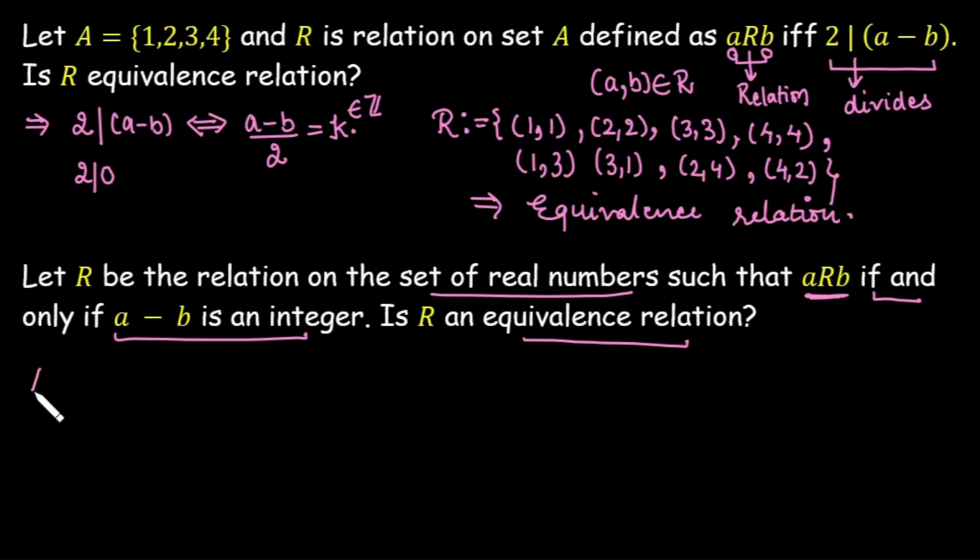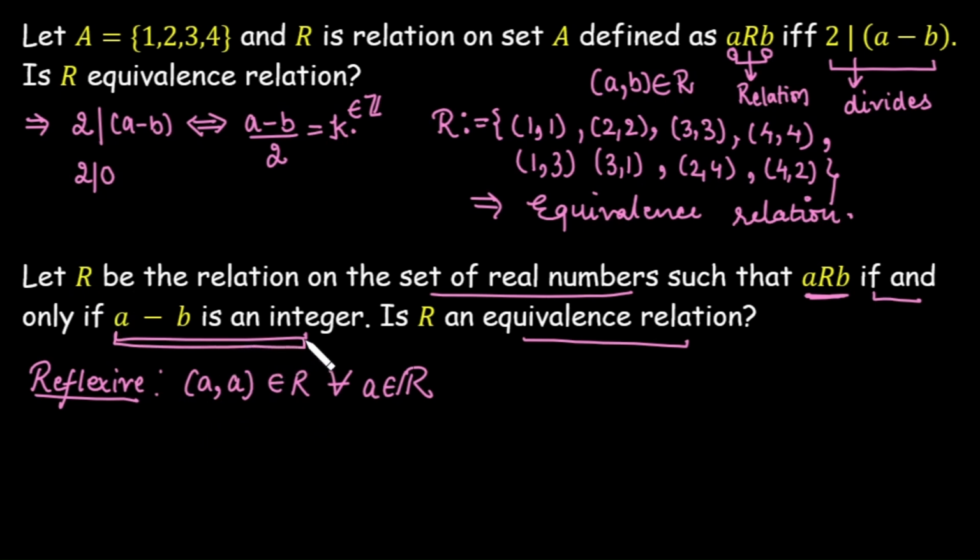How to do that? First, we need to check it for reflexive. For reflexive, we say that we have the ordered pair of the form (A, A) for all values of A belonging to the set of real numbers. Here we have taken the set A as the real numbers. So if this relation contains this ordered pair, it satisfies this condition, because the requirement for the relation is A minus B must be an integer.